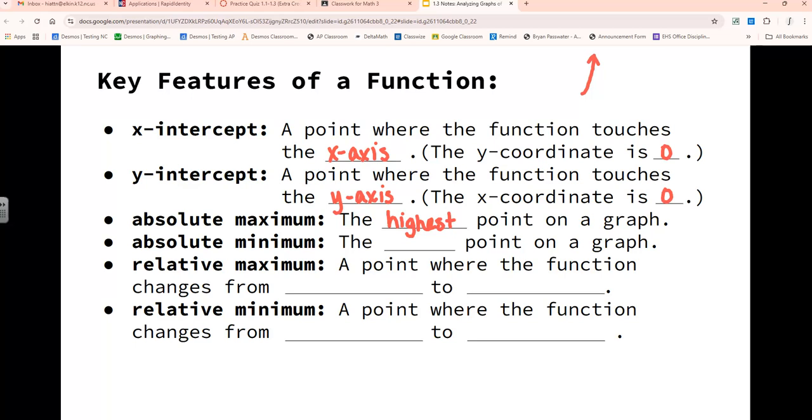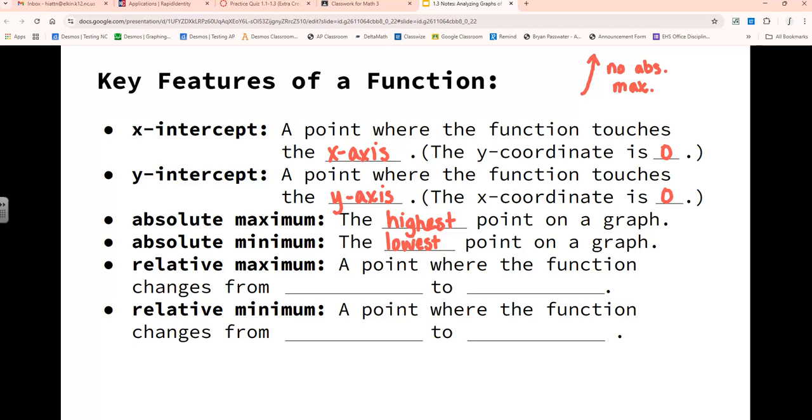It will not have one. So this would be no absolute maximum because it keeps on going up forever. You can't say infinity. That's not a maximum. It doesn't really exist. You can't get there, right? Minimum is similar, but it's the lowest point. Some graphs have absolute maximums and minimums, but lots of them don't have either one.